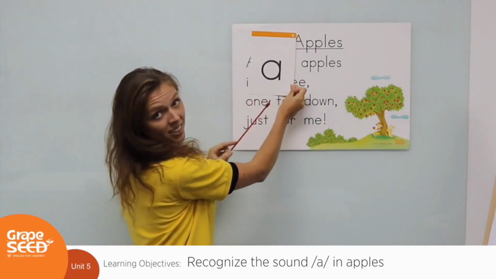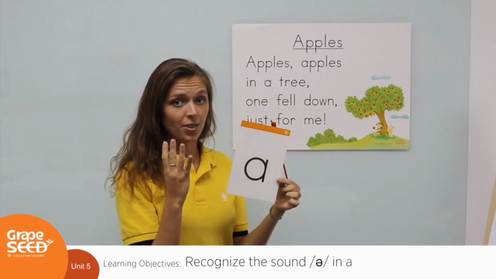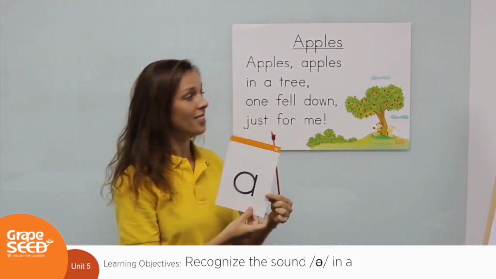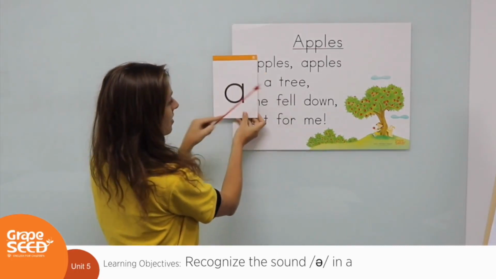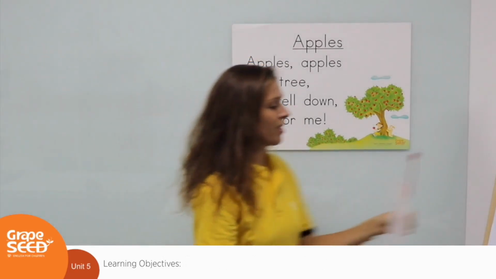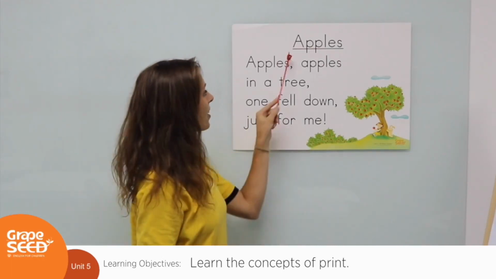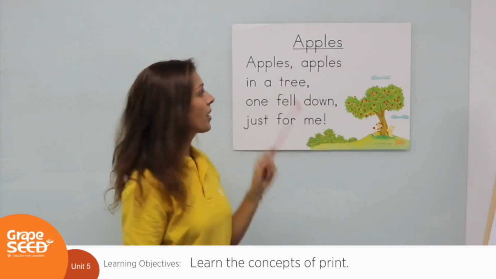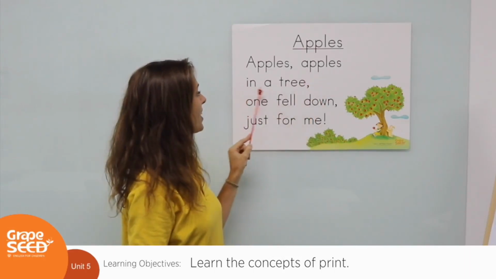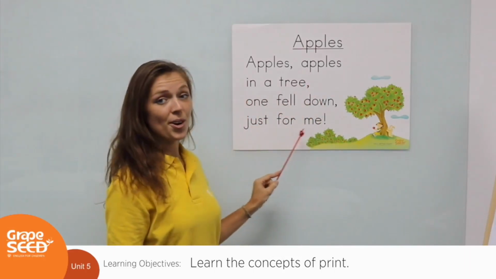A, apples. Now let's find the fourth sound, the sound in a tree. Let's read it one more time. Apples, apples, apples in a tree. One fell down just for me.